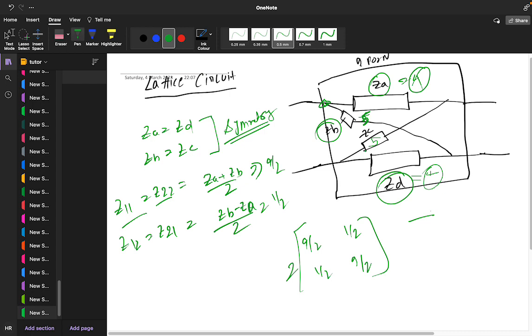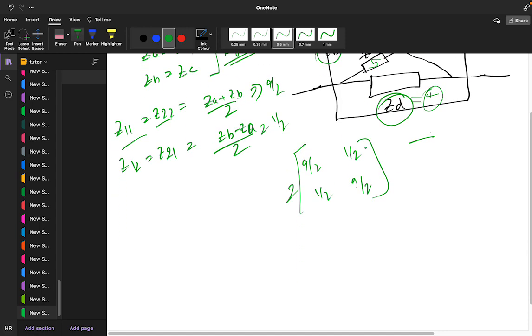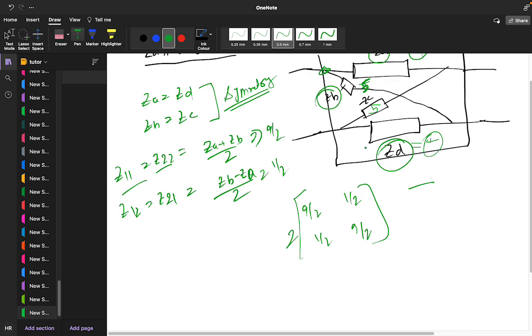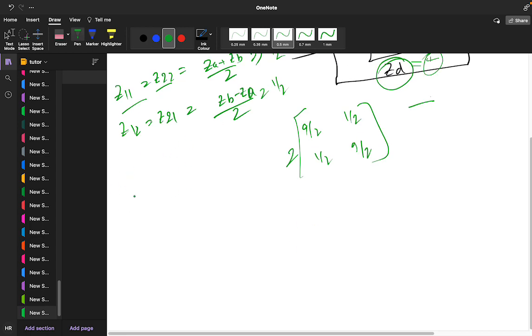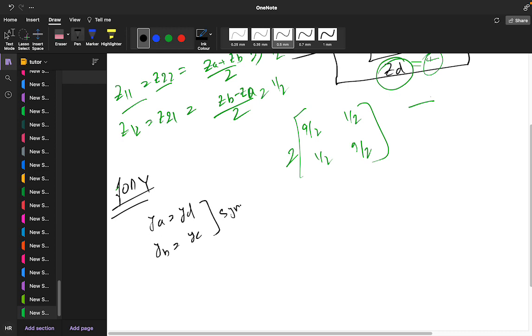And the same thing is applicable, like if you have a Y network, they can give you ZA or ZB or ZC or ZD. If they are giving you YA, YB, YC, YD, the same formula will be applicable for Y parameter also. YA is equal to YD, YB is equal to YC, symmetry.